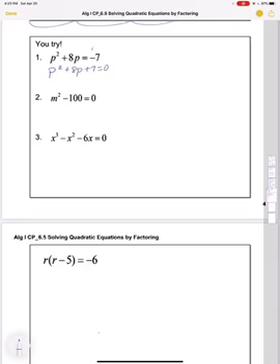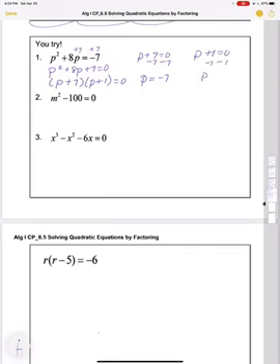So I add 7 to both sides to set it equal to 0, and then I factor, so it's p plus 7, p plus 1, so p plus 7 equals 0, p equals negative 7, where p plus 1 equals 0, p equals negative 1. So negative 1 and negative 7.